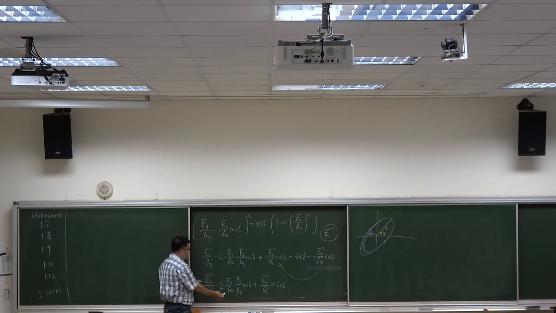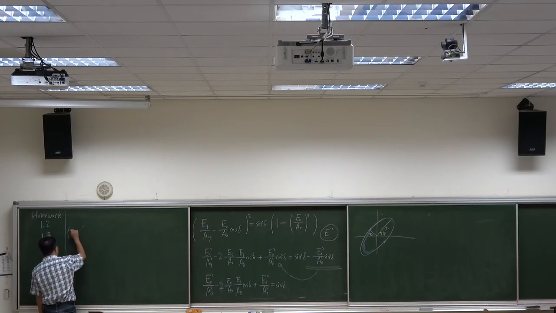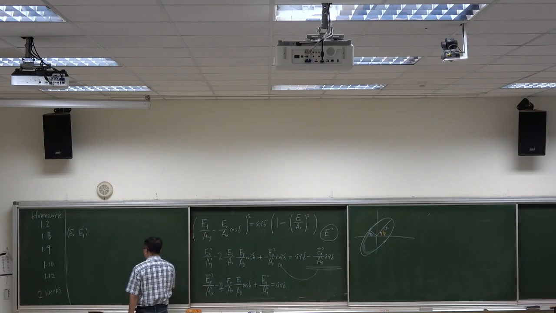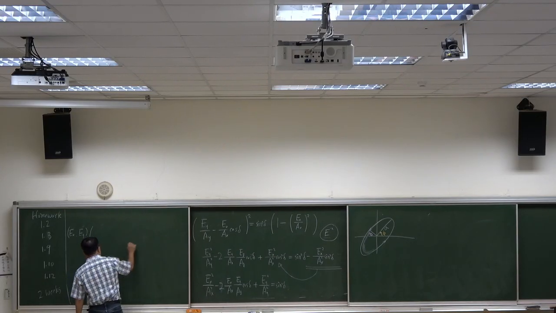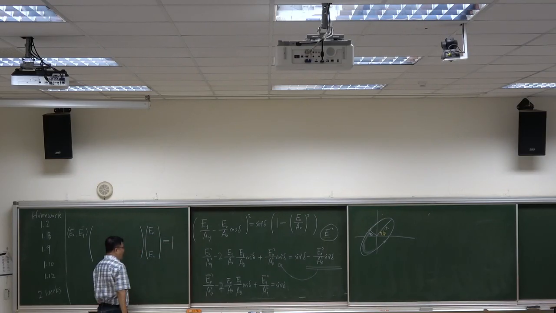I can rewrite this as (Ex, Ey) times a matrix times (Ex, Ey) equal to 1.